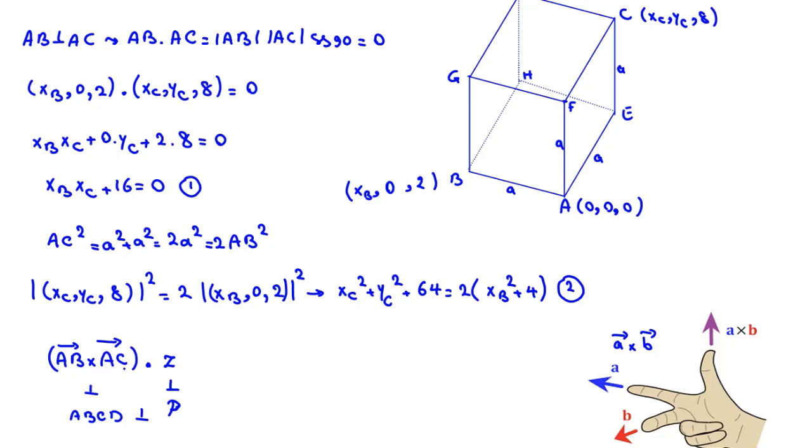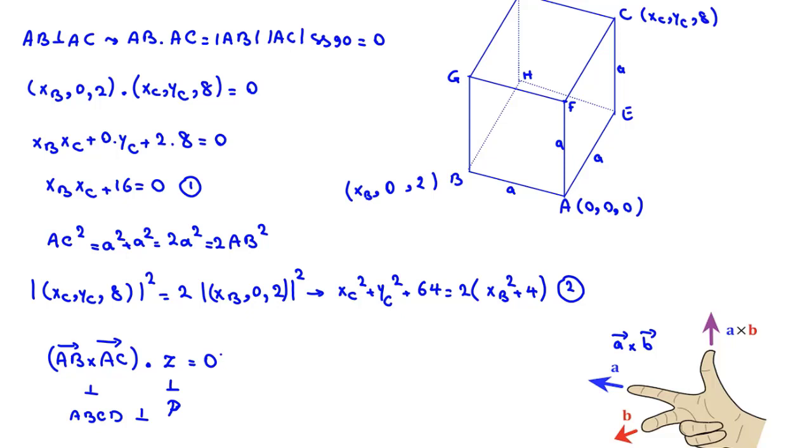So Z and this cross product vector are perpendicular to each other. So their dot product, because it is cos 90, the definition in the beginning of the problem I said, is equal to 0.